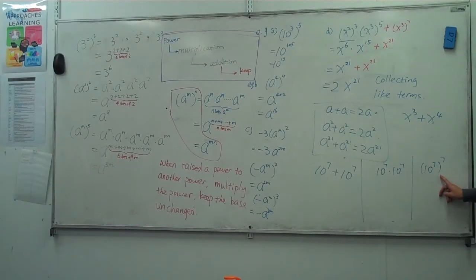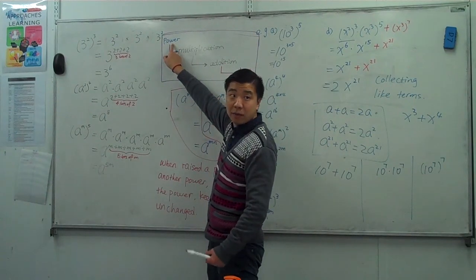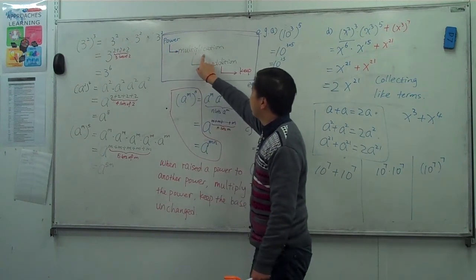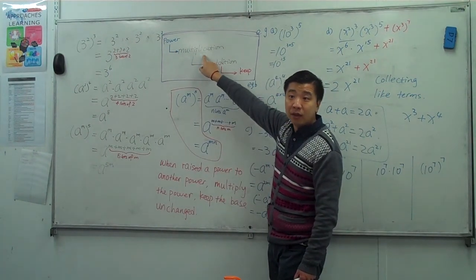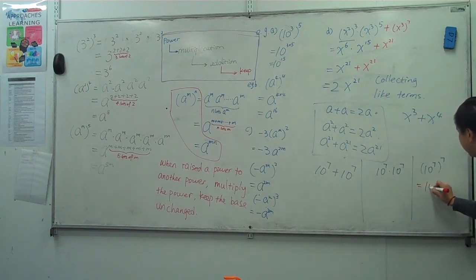We start from here. What calculation is that? Multiplication. Tell me, what is the calculation? This is the power, okay? So this is a power calculation. For the power, we need to do multiplication. So for this one is 10 to the power of 7 times 7 is 49.